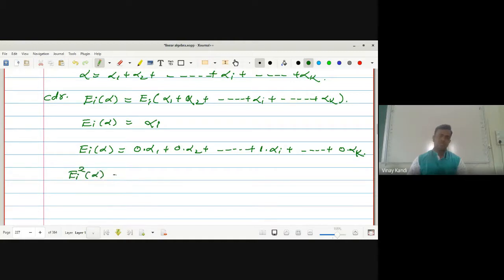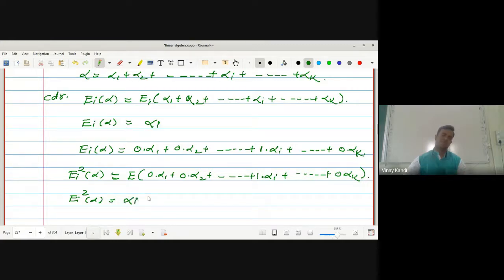Again apply E_i. E_i squared of alpha is E_i of 0 into alpha_1 plus 0 into alpha_2 plus up to 1 into alpha_i plus 0 into alpha_k. Is it correct? So this is E_i squared of alpha by the definition of E_i. What is this one?